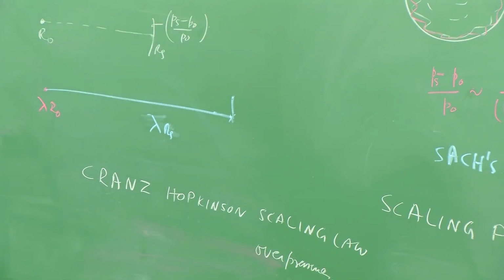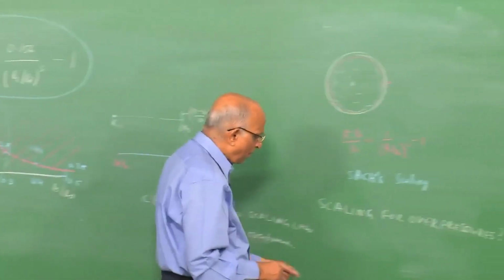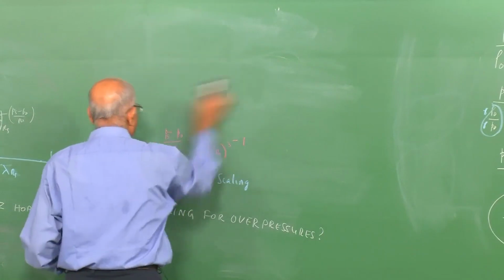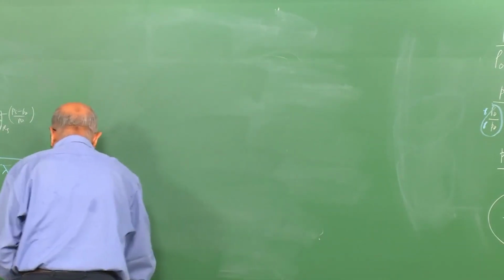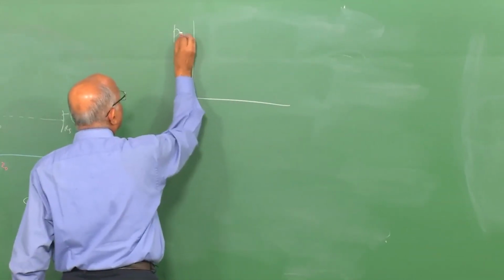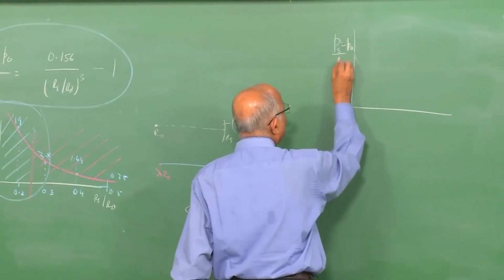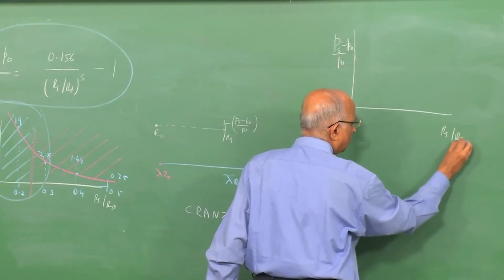Let us try to interpret this in a slightly different form. The last figure which I draw now is the figure of overpressure. I have (Ps minus P0) divided by P0, which is the dimensionless overpressure, as a function of Rs by R0.